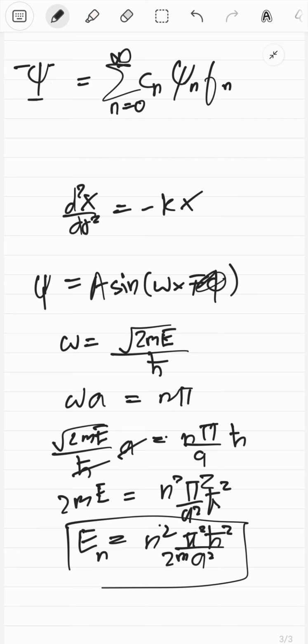Now there's an important thing that I'm going to say. What we just did is basically find the eigenvalues of an operator, which is the Hamiltonian. Okay, this is a bit too complex for you right now, I think.